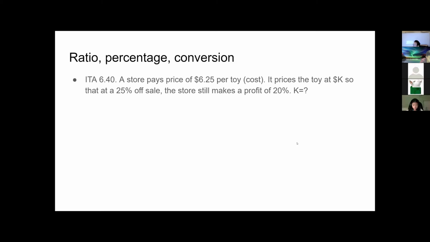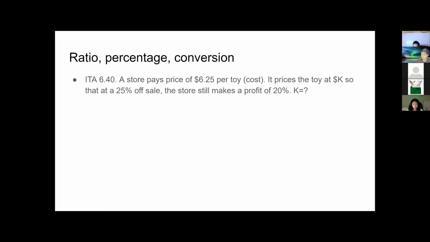So if it's a profit of 20%, that means they're getting a price of 1.2 times 6.25, which is 7.5. So they're selling it at $7.5 at 25% off sale.